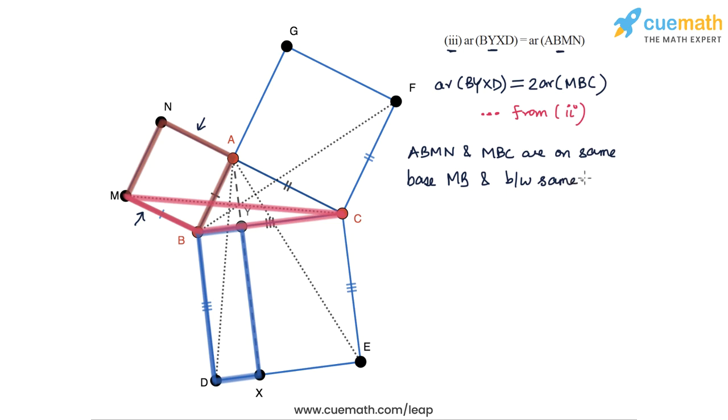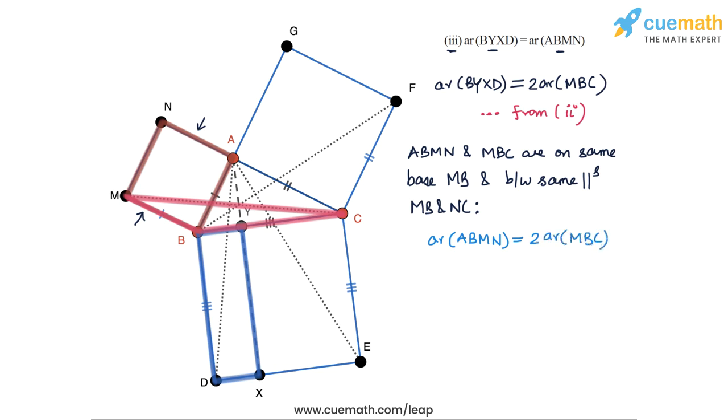And what are those parallels? Those parallels are MB and NC, and this means that the area of ABMN is twice the area of MBC.